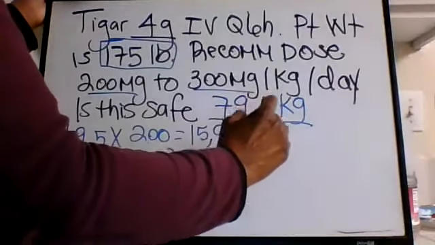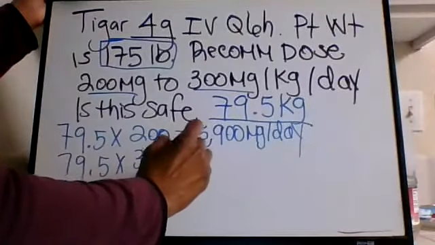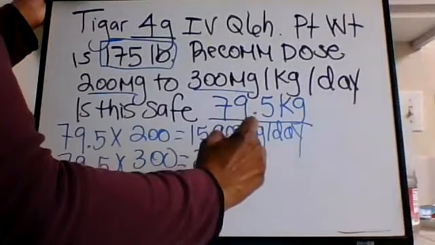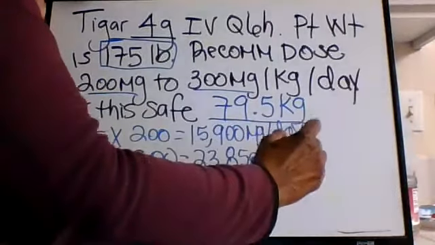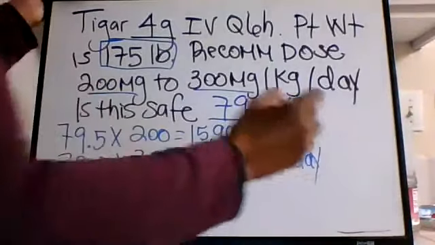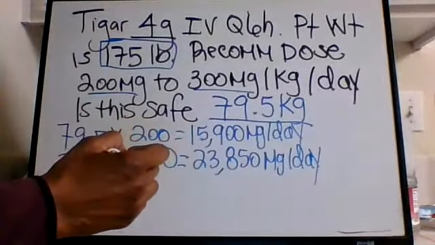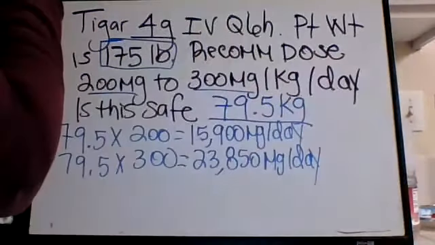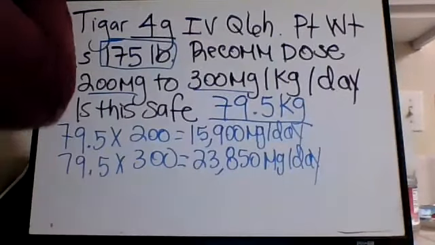15,900 milligrams per day. And this one is 23,850 milligrams per day, right? Okay. I keep forgetting to put the every 4 to 6 hours.